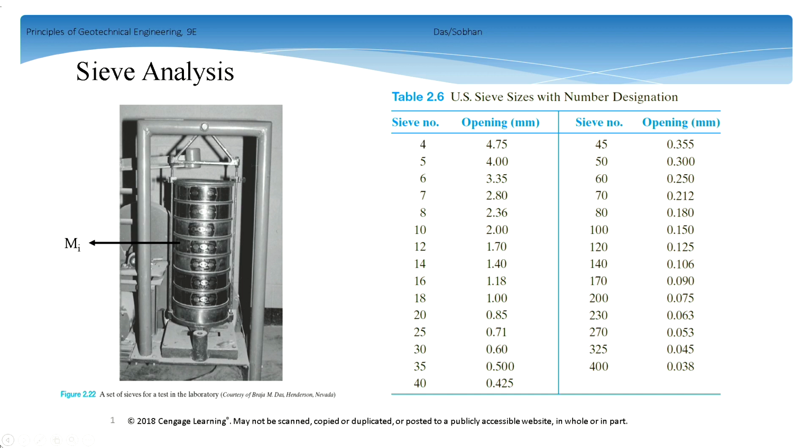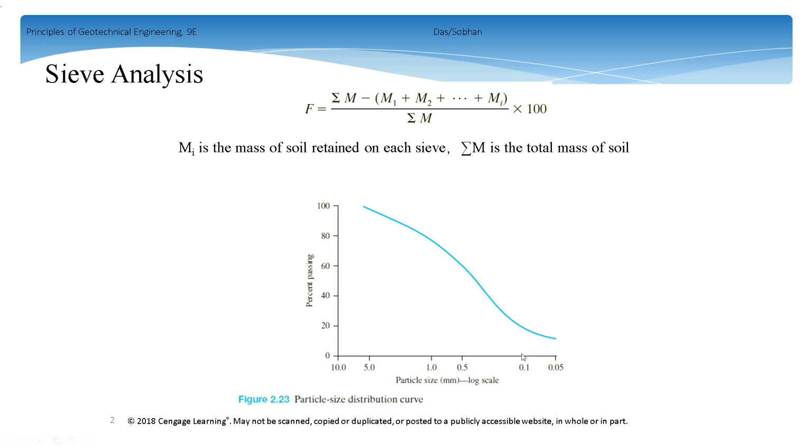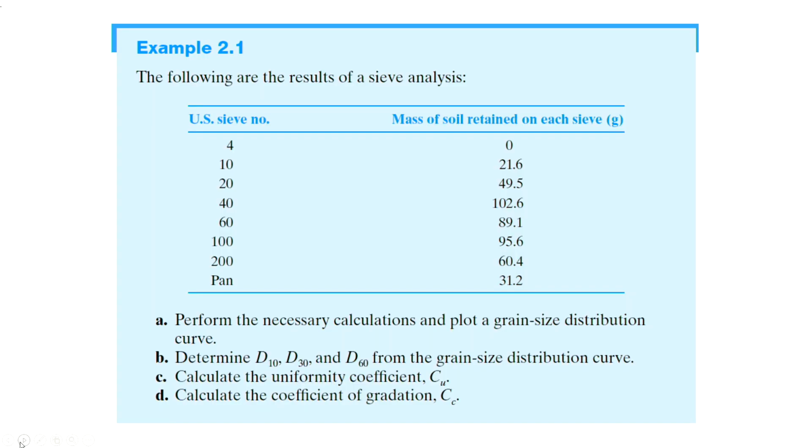The opening is actually the x-axis, so you can get the x-axis value for each point on the particle size distribution curve. And then the mass retained on each sieve is here.